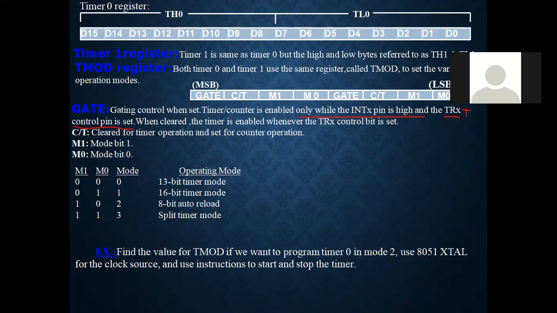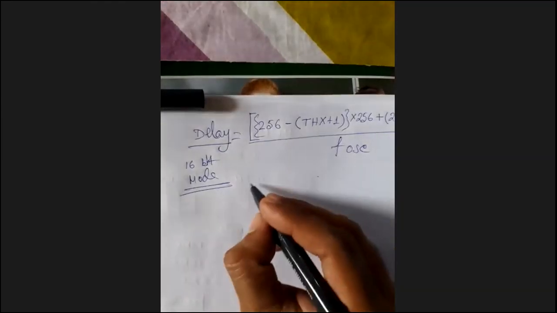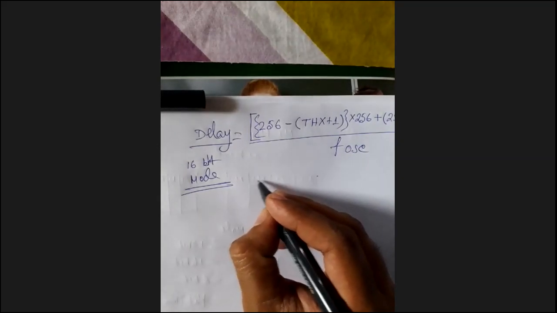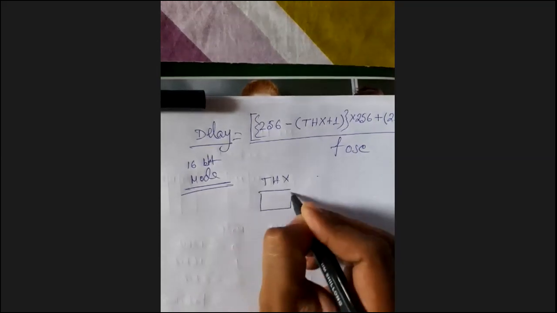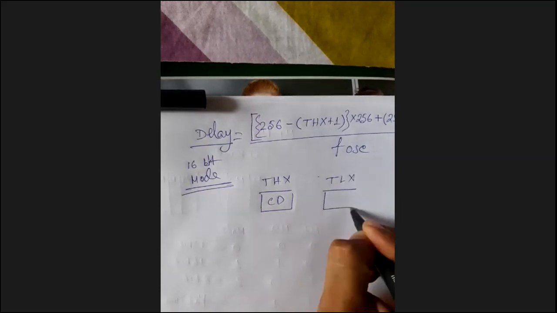Now, if the question is like this: suppose the THX value is CD and the TLX value is F2.